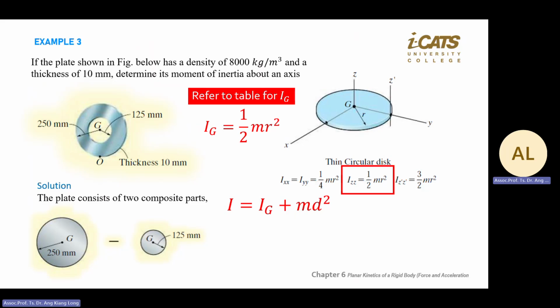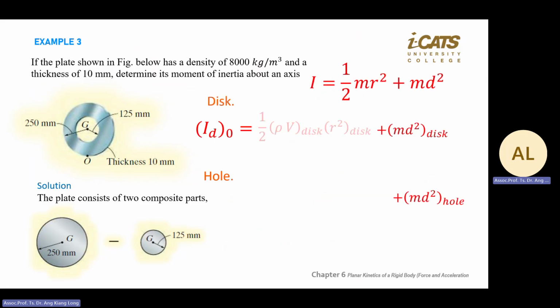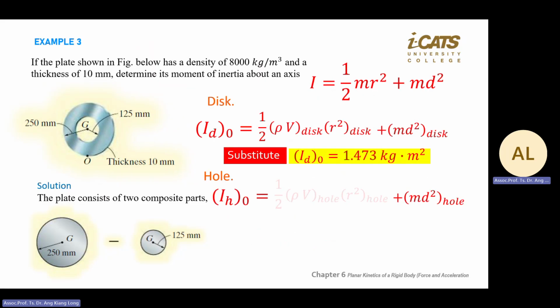Density multiplied by volume, so pi r square multiplied by the thickness. The thickness is 10 mm, so you need to convert to meters because your density is in kilograms per meter cube. Then you just substitute. Be careful with the mass here, as some of you confused the mass and G. I already explained it, and the rest of the steps are very clear on my slides, so you go home and substitute to get the answer.